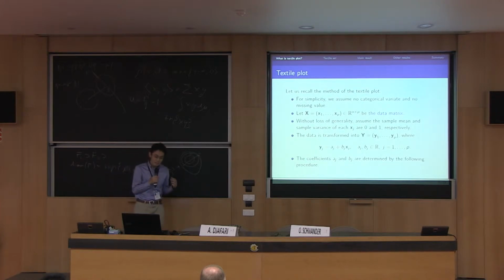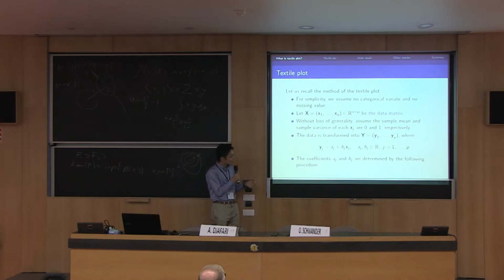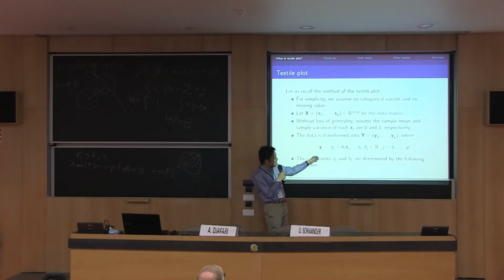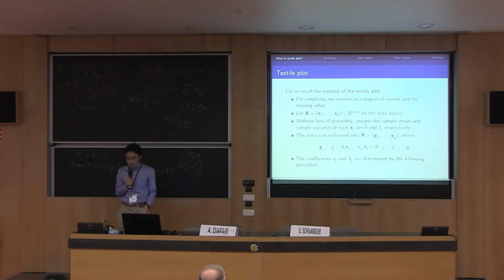Then in this method, the data is transformed into another matrix Y, where each column vector is written as aj plus bj xj, and the coefficients aj and bj are determined by the following procedure.